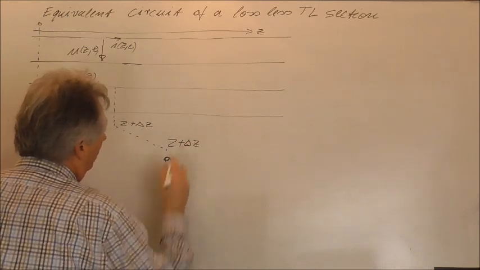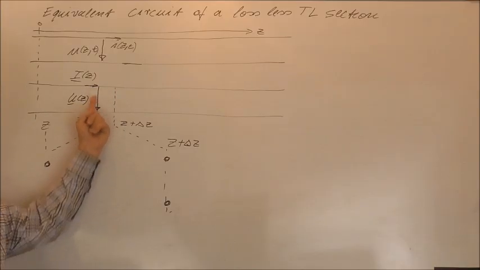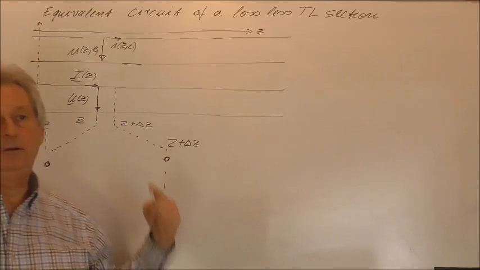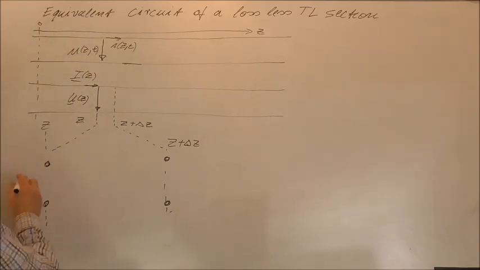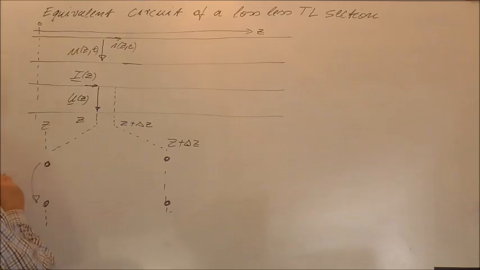This means we define some planes in the transmission line at the z coordinate and at the point z plus delta z. As a result, we will have here the voltage U of z. Of course, in this node we will have the current flowing I of z plus delta z. Here we have I of z.